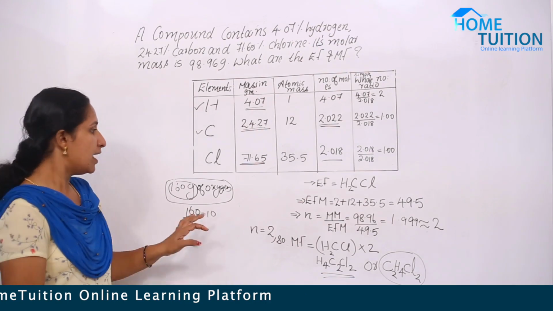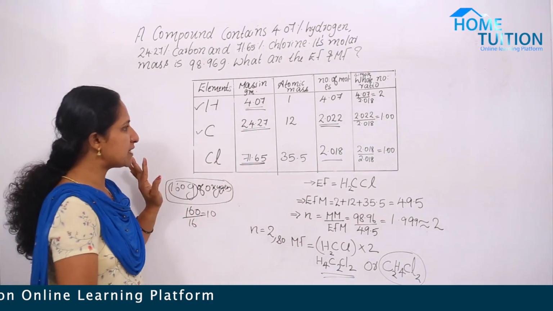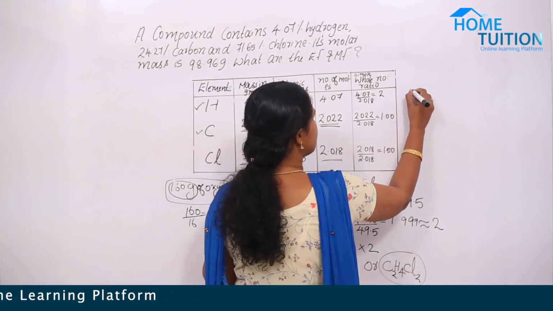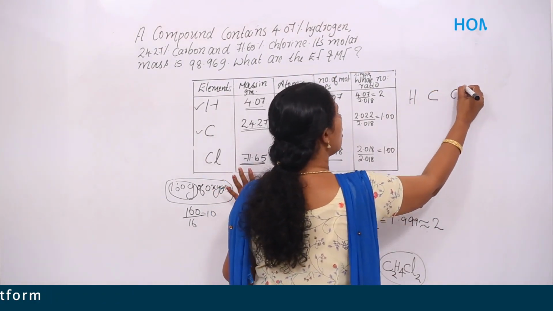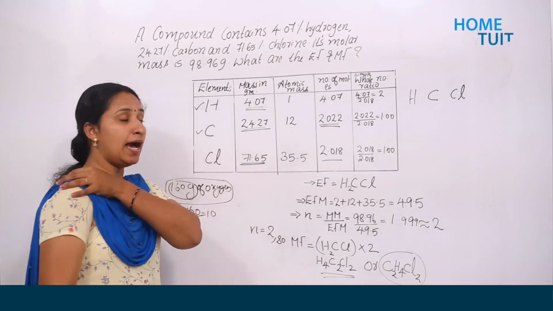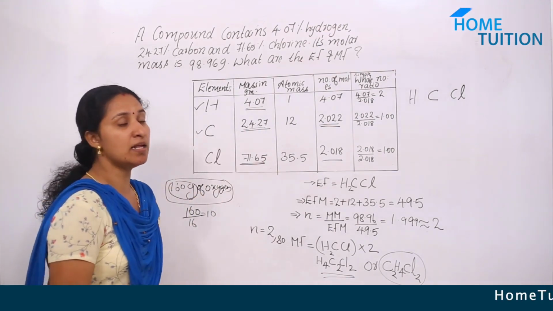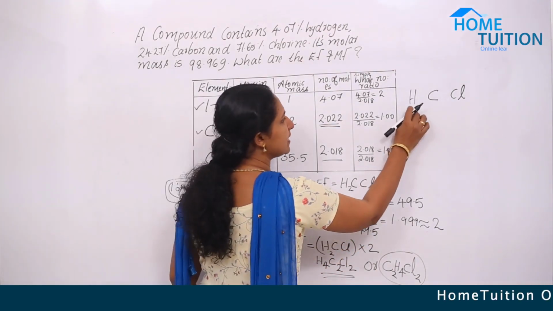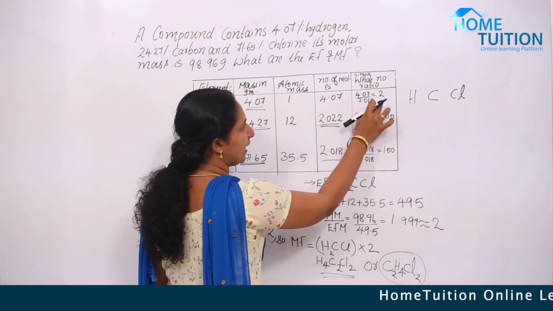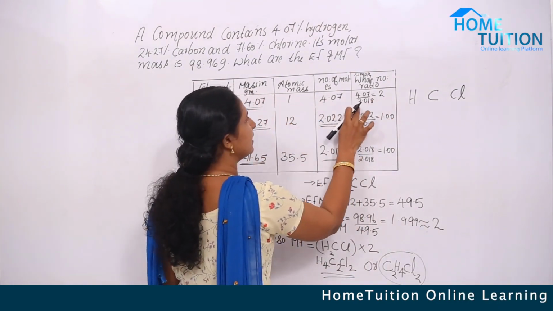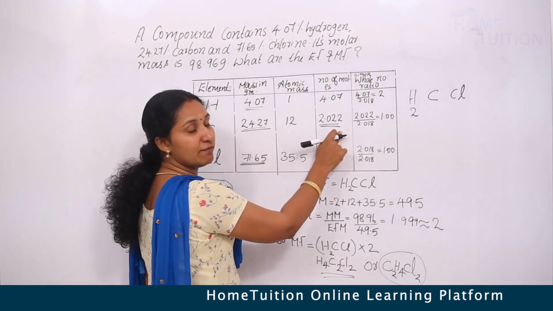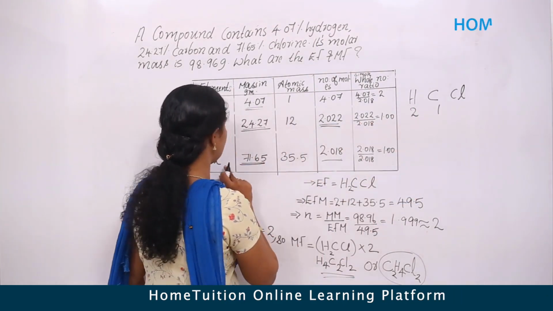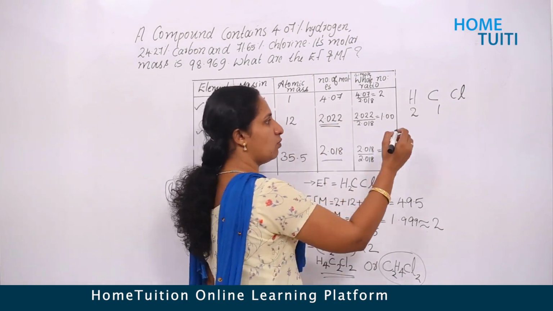Take it out. And here, which are the elements present? Hydrogen is there, carbon is there, chlorine is there. What's the whole number ratio for hydrogen? We get 2. Then for carbon, we get 1. Then for chlorine we get again 1.